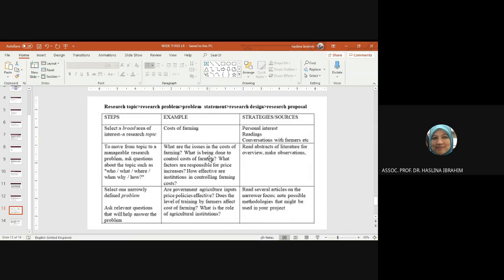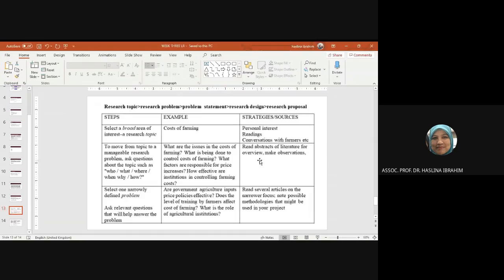So for example, now you see many questions can read abstract of literature for overview, make observations. So this is one good technique also shared by this author, who proposed that if you cannot read the article, reading the abstract would be useful.